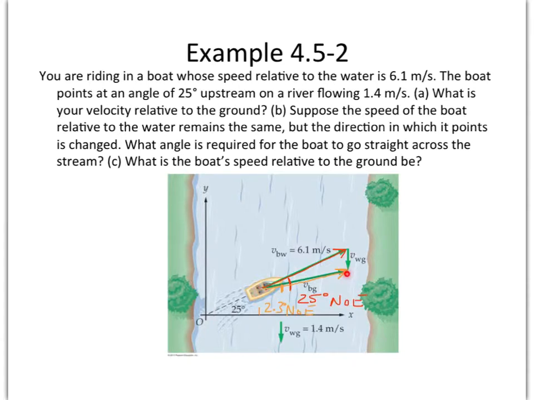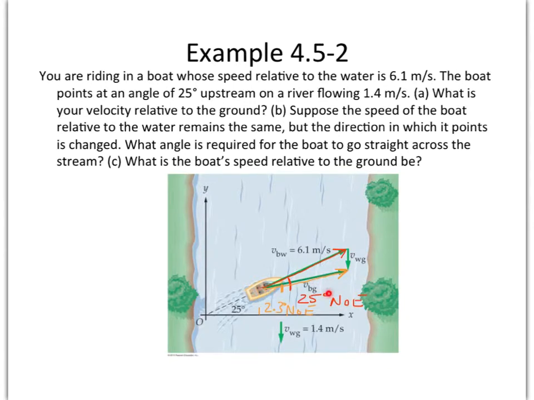So let's pretend for a second that you want to make the boat go directly across the stream. We want to compensate for the fact that the stream is rushing south, and we want the sum of the boat to the water plus the water to the ground to add up to this vector being directly across.